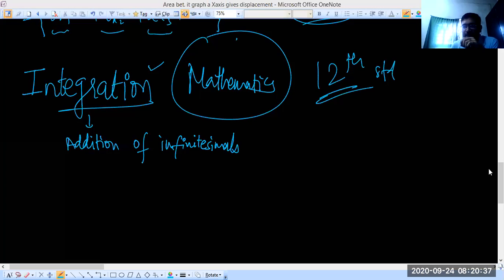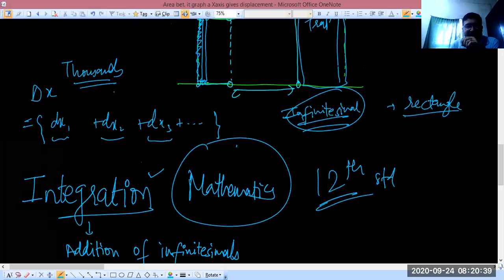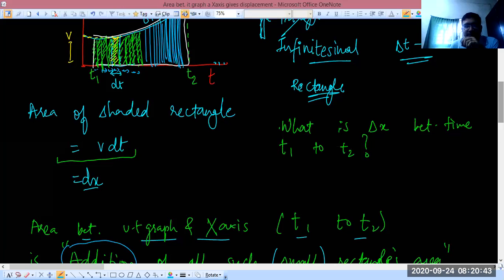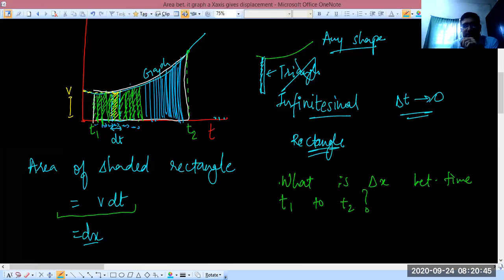I'll repeat what integration is. I said that if you want to find this area, then you have to divide this whole area into thousands of such tiny rectangles.